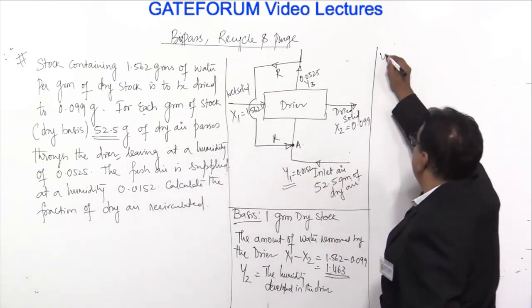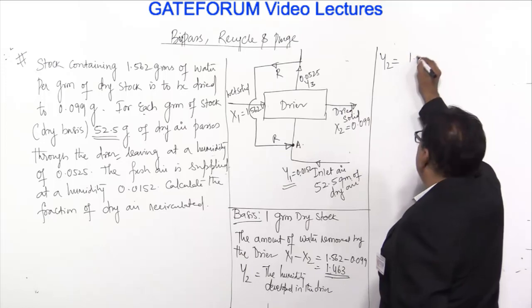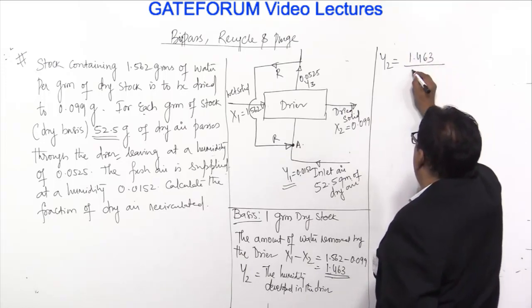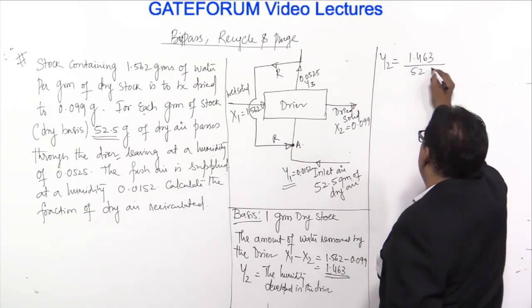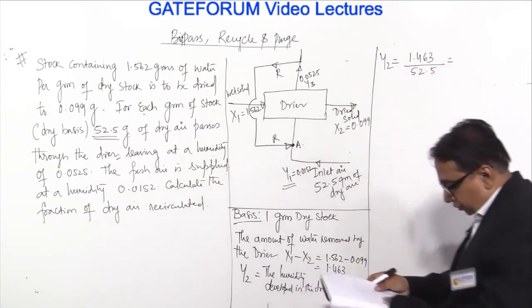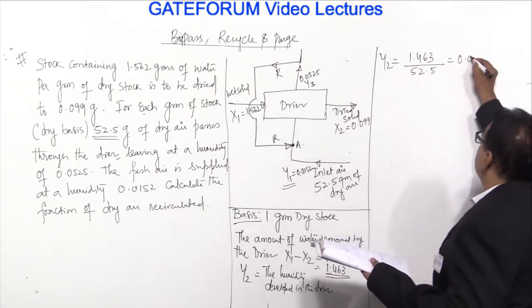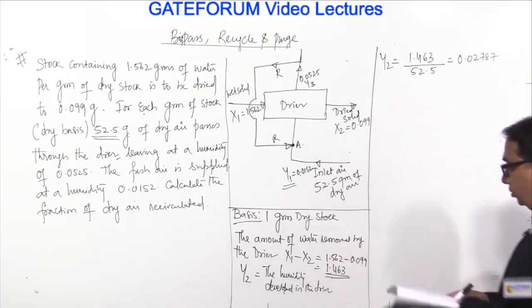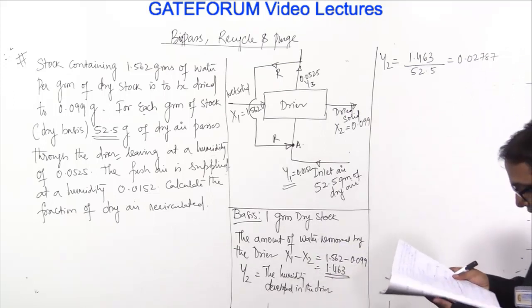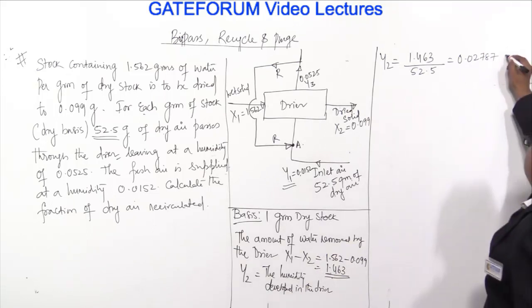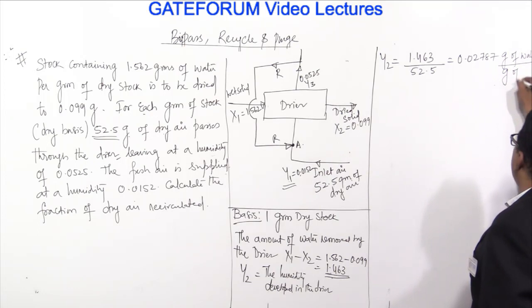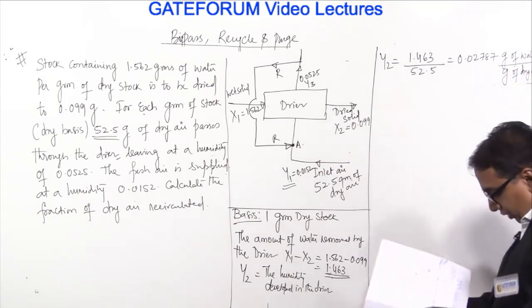So Y2 is equal to 1.463 divided by 52.5, that will give you 0.02787 grams of water by grams of dry air.